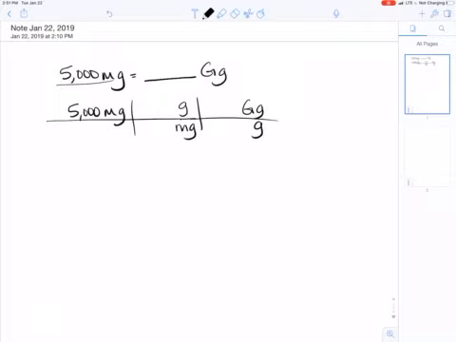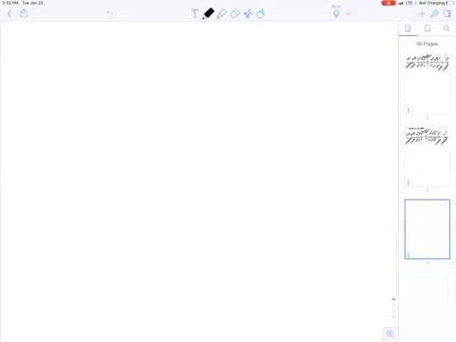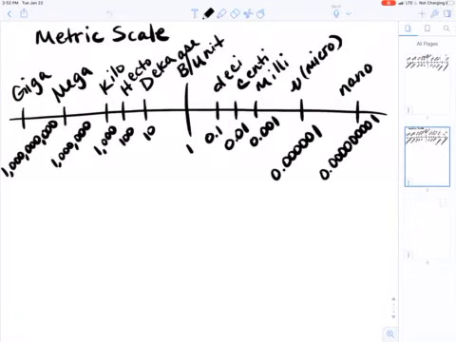Now you got to fill out this table. So if you look at the first section, which one is bigger, a gram or a milligram? So a gram is bigger, so it gets a 1. The bigger unit always gets a 1. Then you look at your chart, your metric scale, and you can see that milligrams is 0.001.